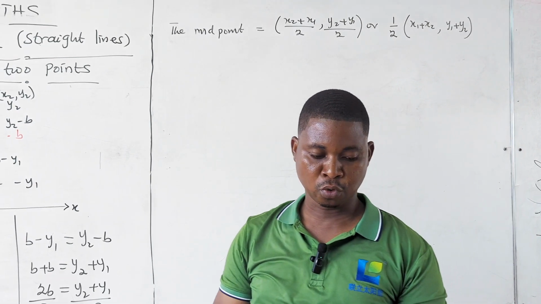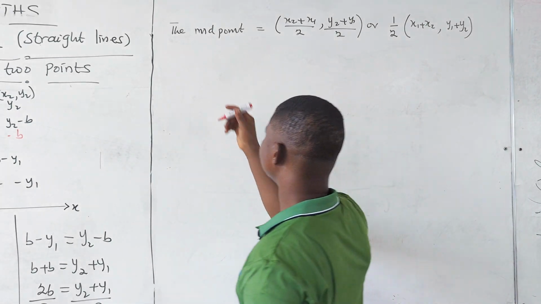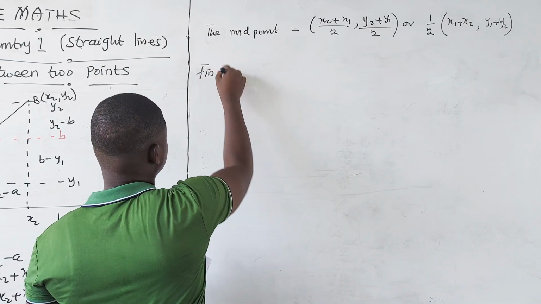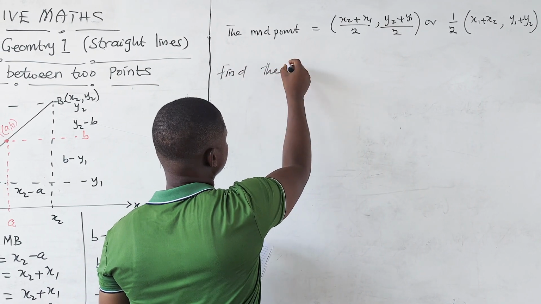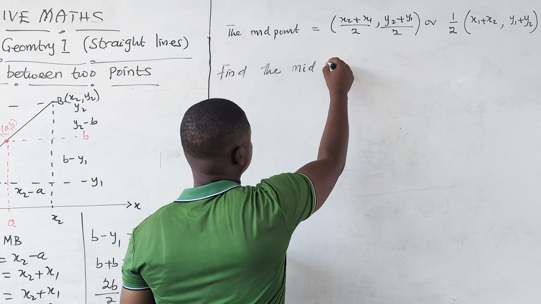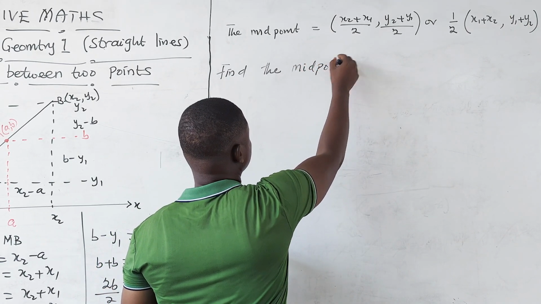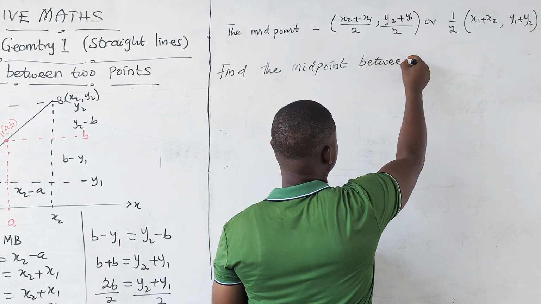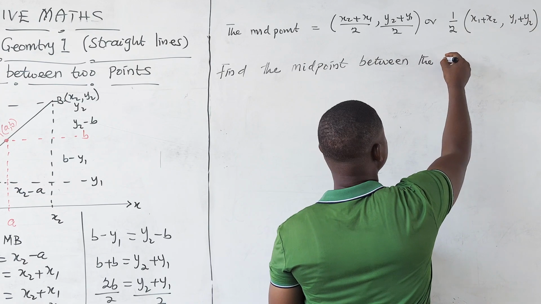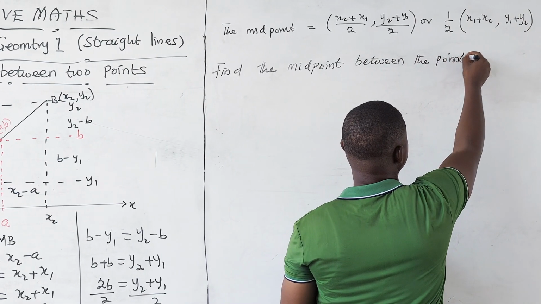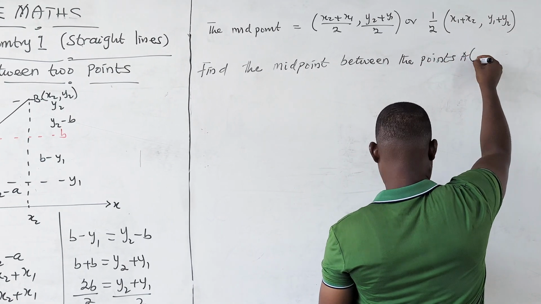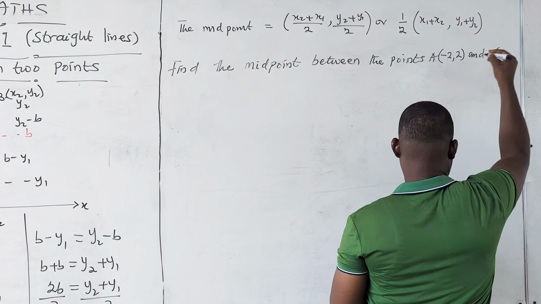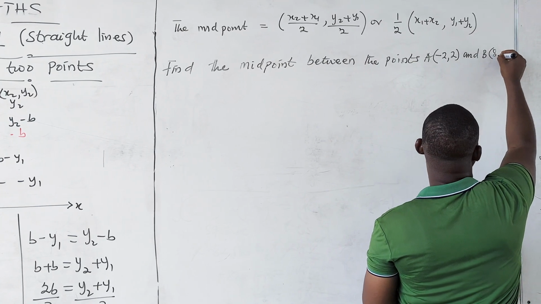Let's solve one example from this. Find the midpoint between the points A(-2, 2) and B(8, 4).